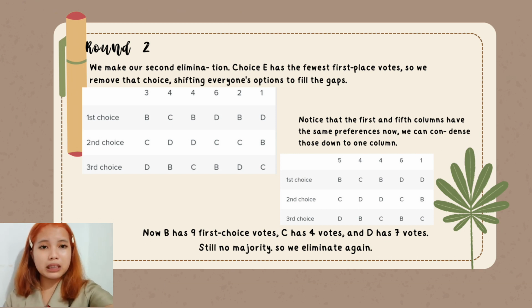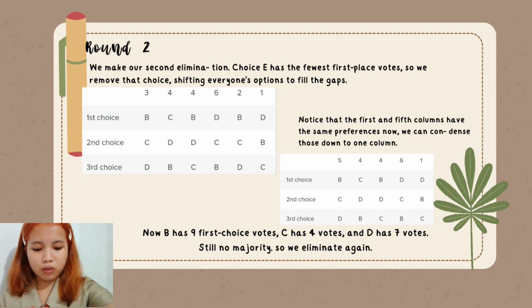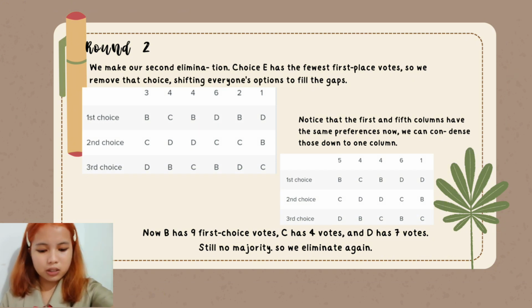So we will remove that choice, shifting everyone's options to fill the gaps. Now you can notice that the first and fifth columns have the same preferences. We can condense those down to 1 column. So now B has 9 first choice votes, C has 4, and D has 7. There is still no majority, so we will eliminate again.